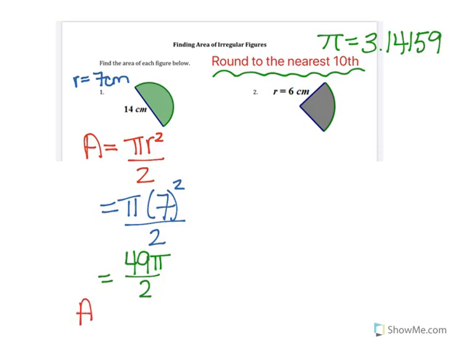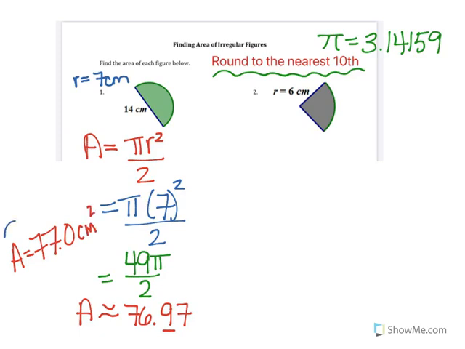And when we do that, we get that the area is going to equal, and I'm going to use the squiggly equal sign to show that I'm rounding, 76.9 something, and if I'm rounding to the nearest tenth, that means that the 9 has to go up, which in this scenario would cause everything to go up, so that's going to be an answer of 77.0, and the units are always squared when you're dealing with area, so square centimeters.